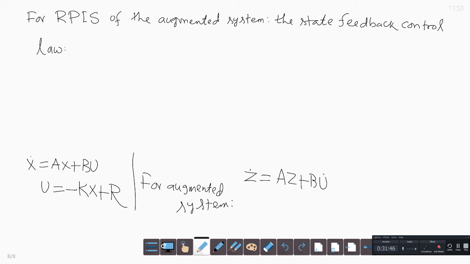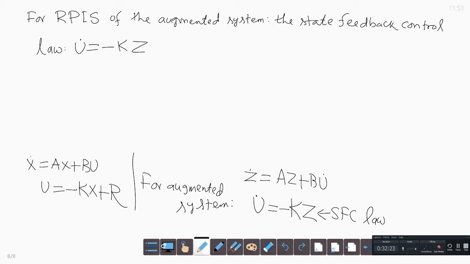So the condition to be set is u dot equals minus Kz. This is the state feedback control law for the augmented system.